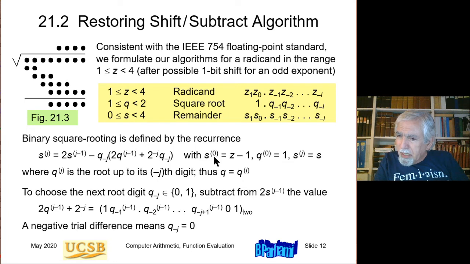So initialize the partial remainder to z minus 1. And z minus 1 is easily computed because you'd simply take the whole part, which is in the range 1 to 4, and subtract 1 from it. So it's basically a simple computation depending on these 2 bits.